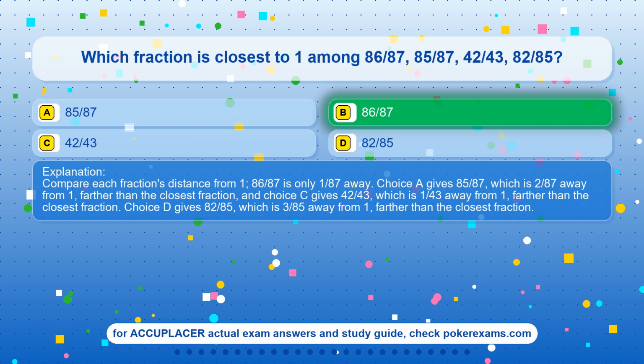Compare each fraction's distance from 1. 86/87 is only 1/87 away. Choice A gives 85/87, which is 2/87 away from 1, farther than the closest fraction, and choice C gives 42/43, which is 1/43 away from 1, farther than the closest fraction. Choice D gives 82/85, which is 3/85 away from 1, farther than the closest fraction.